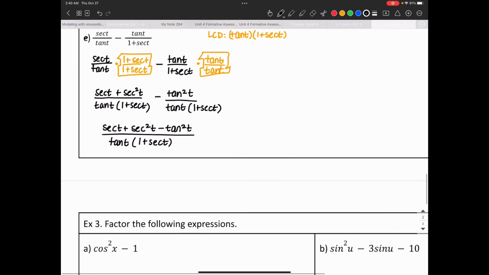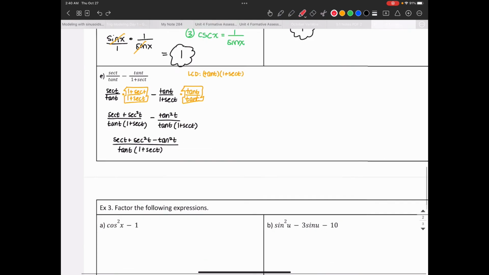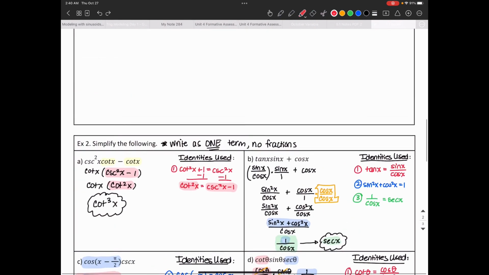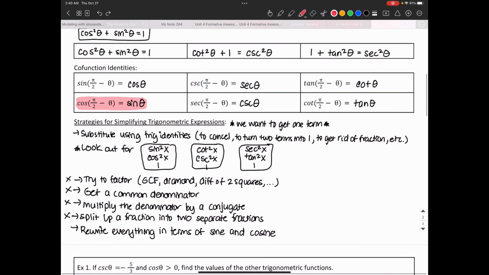Okay, from there, I'm going to try to find something that I could do. Something I'm going to look out for is if I have secant squared and tangent squared together, because that's one of the Pythagorean identities that we talked about. So tangent squared and secant squared of theta together.